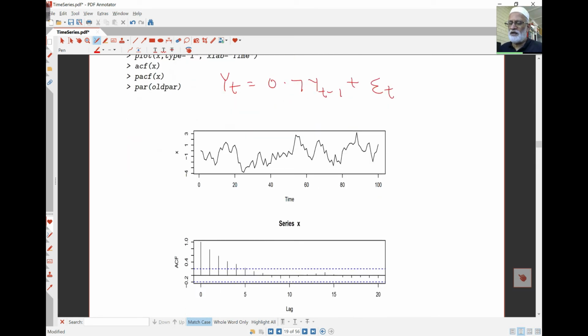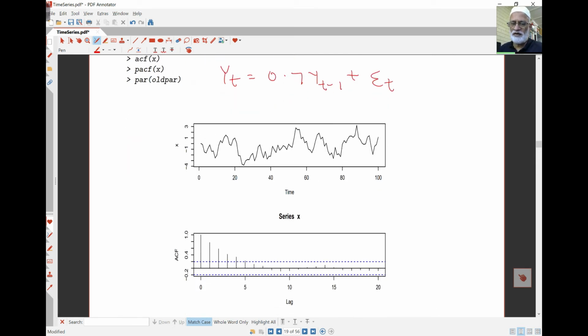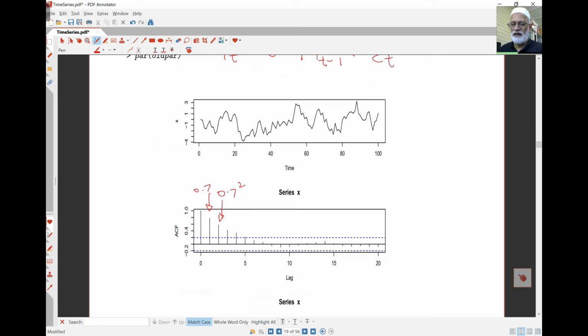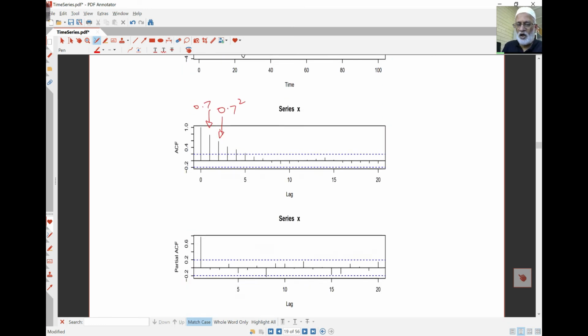So the autocorrelation should go down as, well, when there's no lag here, it'll be 1, but then at lag 1 it'll be 0.7, then 0.7 squared, and so on. It dies down exponentially. And the partial autocorrelation only has one significant component.